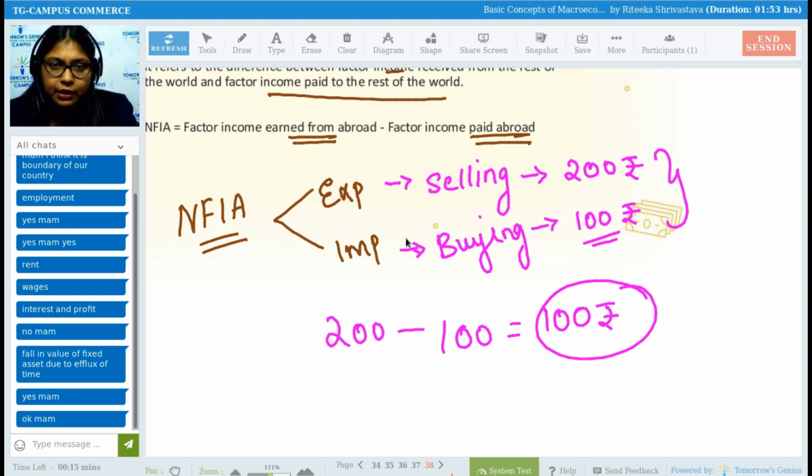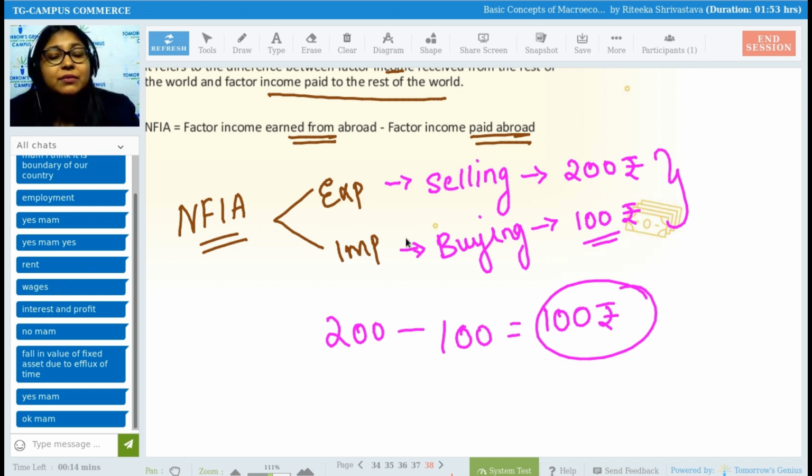Done. So basically three very important things we have to understand: gross investment, net investment and depreciation, net indirect tax and subsidies, and NFIA, net factor income from abroad minus factor income paid to abroad. Three things very important. In the next class, when we start with aggregates, these three things are going to help you.